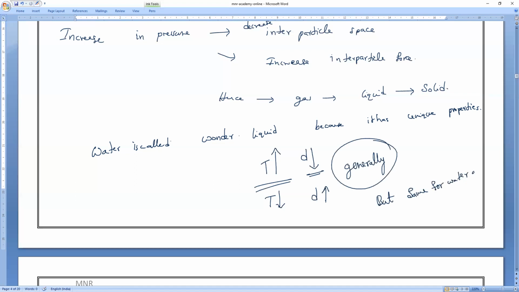But at 4 degrees Celsius, water attains its highest, maximum density. So for water alone, if the temperature goes above 4 degrees Celsius, density decreases. If it goes below 4 degrees also, density decreases.